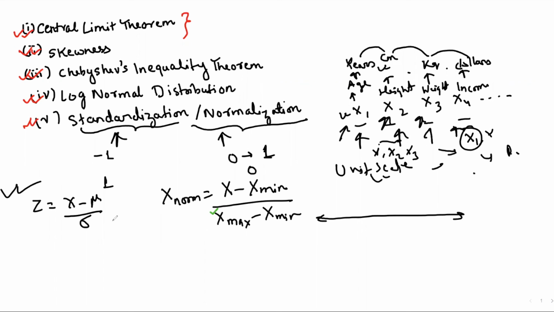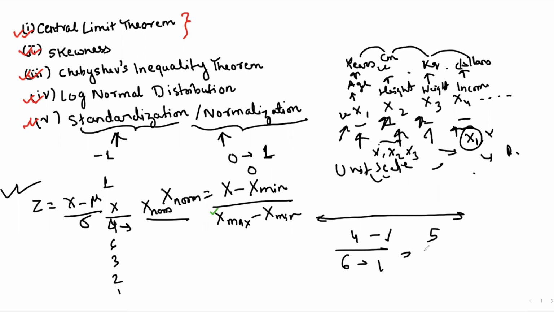Let's say you have values for a variable x like 4, 6, 3, 2, 1, something like that. So you know how you calculate x norm? For the value 4, it is 4 minus x min. What is the minimum? 1. Max, what is the maximum? 6 minus x min, which is 1.